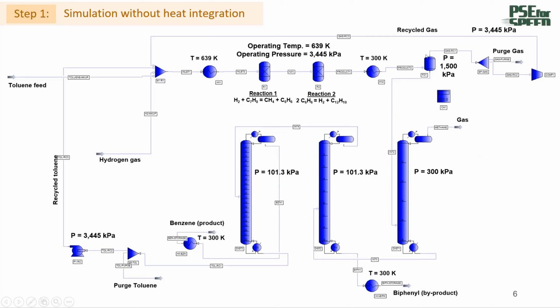The unreacted gas will then be transferred back as a recycle stream to the feed mixture, and the liquid mixture will then be transferred to the first column, whose task is to separate the remaining gas from the liquid mixture.